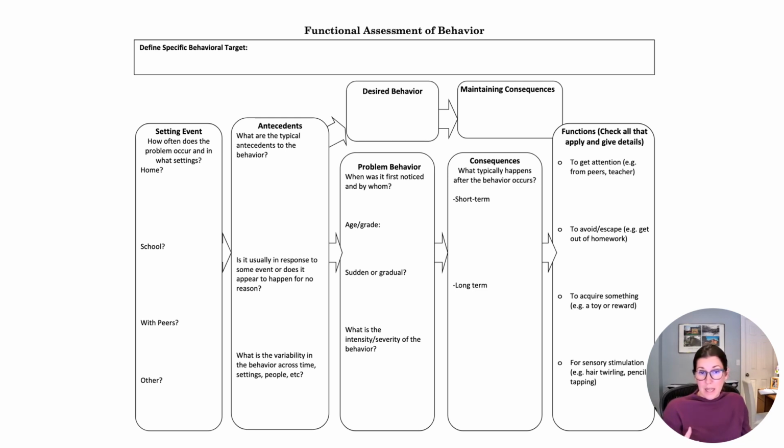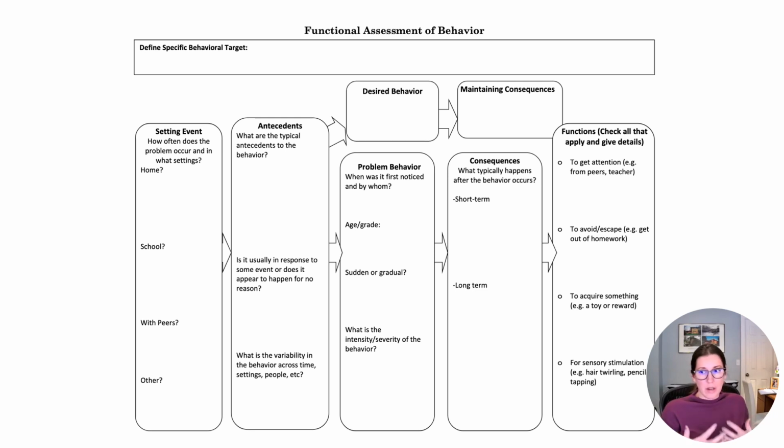The problem behavior, when was it first noticed and who first noticed it? So at what age or in what grade? Did it kind of ramp up gradually, or did it seem to happen all of a sudden, or has it always been there? Overall, what is the intensity or the severity of the behavior? And then the box right above that is the one I think is absolutely the most important, which is, what is the desired behavior?